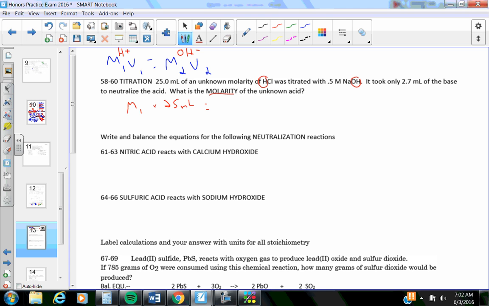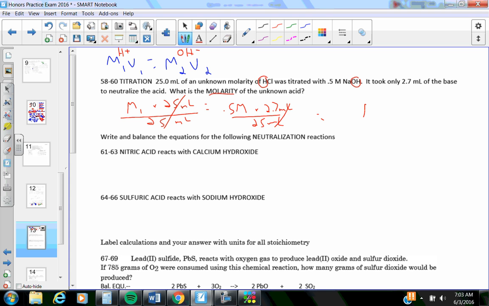It's titrated with 0.5 molar, that's the base, and they used 2.7 milliliters. 25 milliliters. The milliliters will cross off.